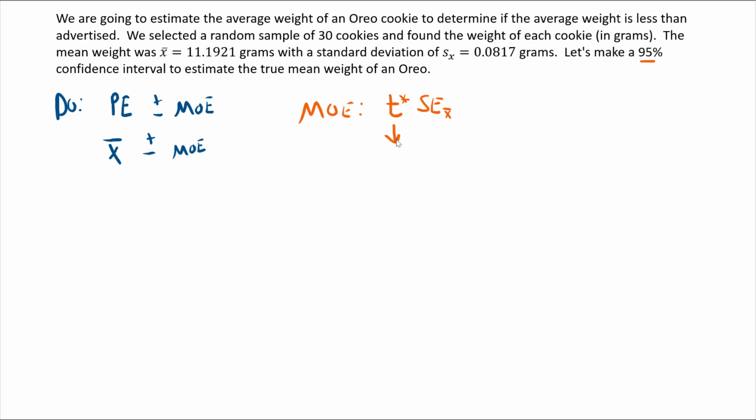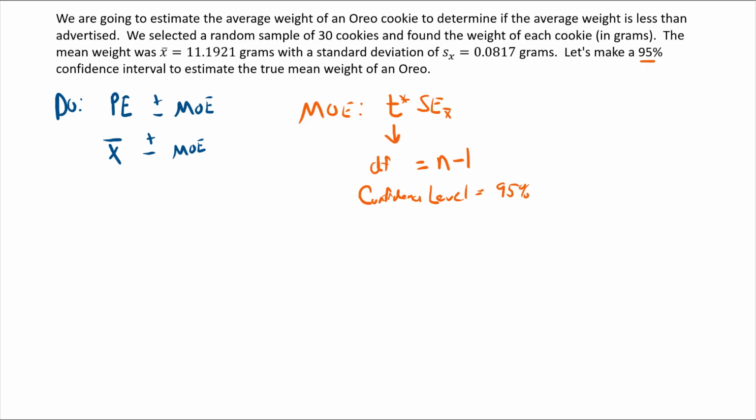For the t star, you're going to worry about degrees of freedom and your confidence level. Degrees of freedom is always going to be your sample size minus 1. Your confidence level, in this case, what was listed in the problem, is 95%, or 95% confident.